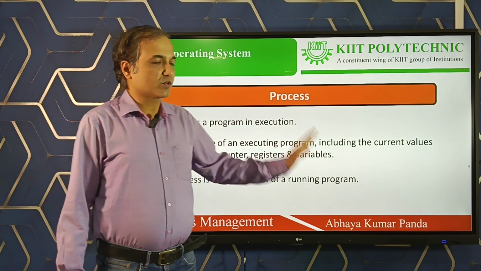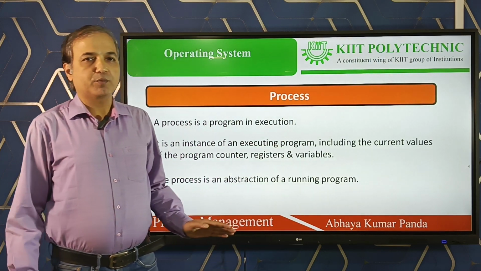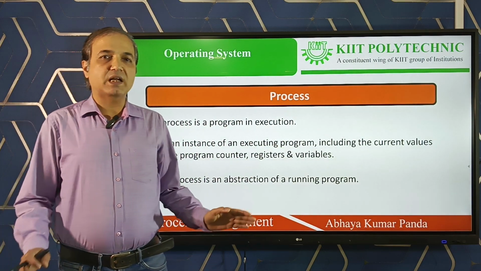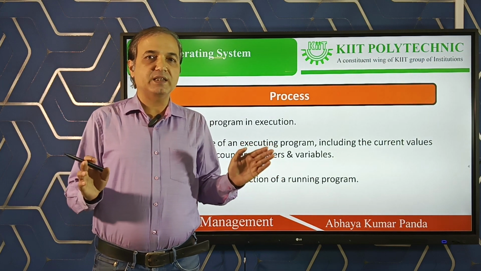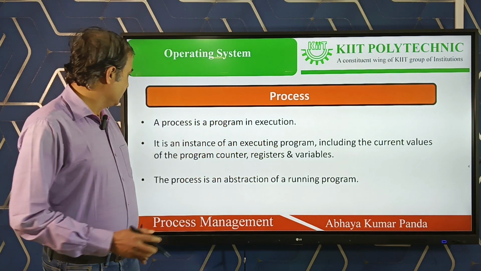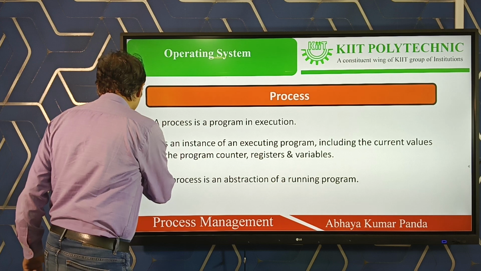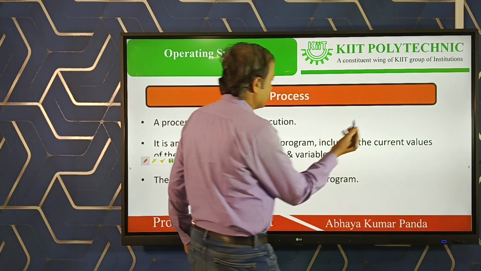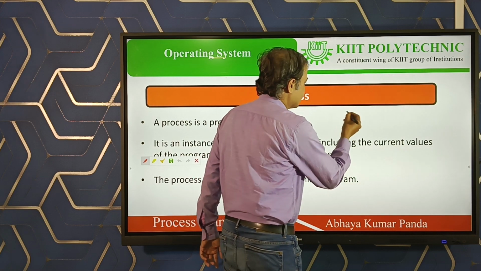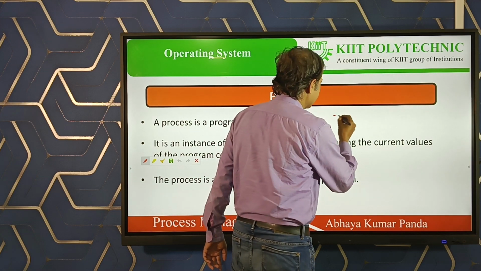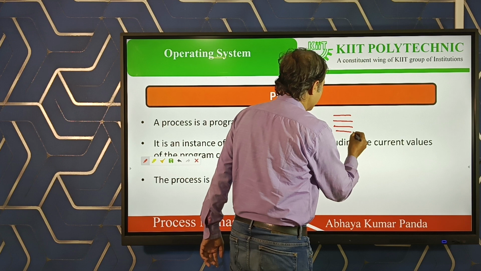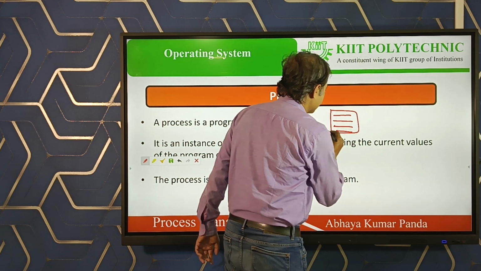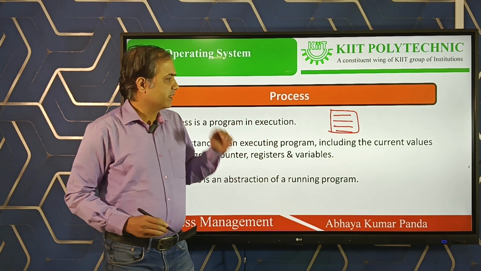What is a process? A process means a program in execution, or a program during execution is known as a process. Before going to process, we have to know what a program is. A program, any program we are writing in C or C++, is a set of instructions, and it performs a specific task after execution.